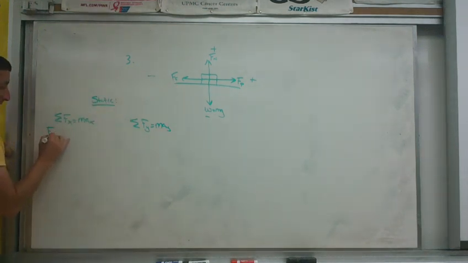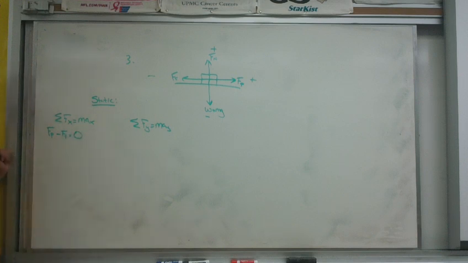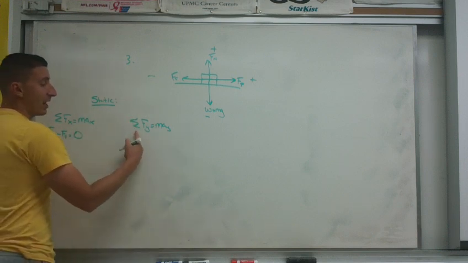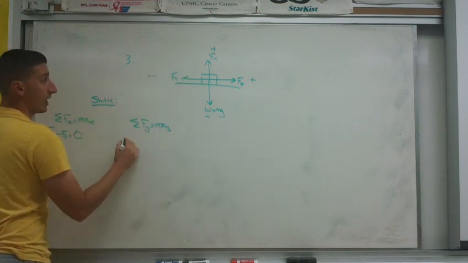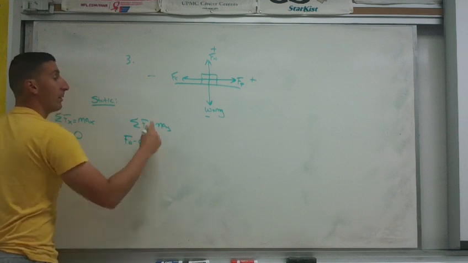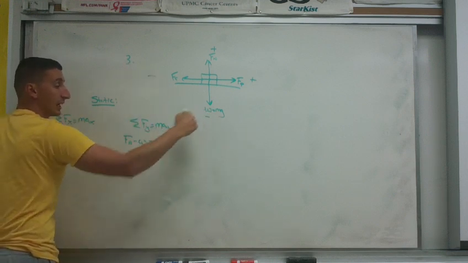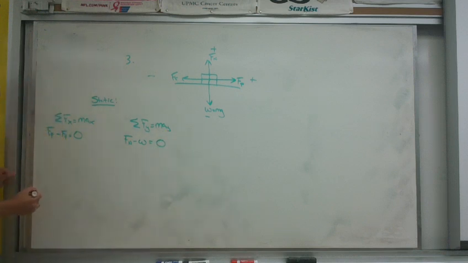So I go Fp, it's positive, minus Ff. The box isn't moving yet, it's static. 0, no acceleration. In the y direction, add up all the forces in the y direction. Positive force, negative force. I have Fn minus weight. The box isn't moving up or down, so it's not accelerating in the y direction, so this becomes 0 also.